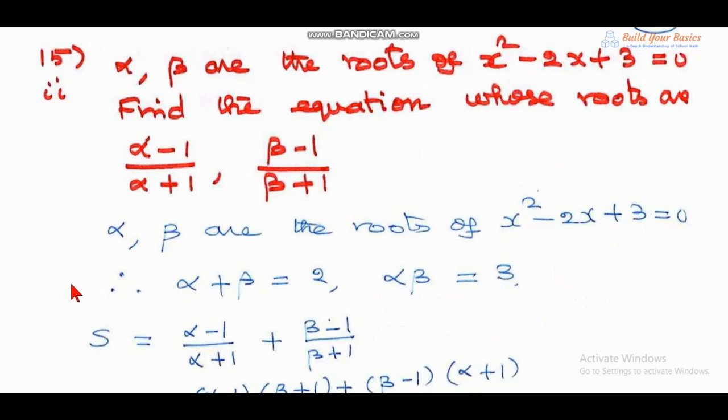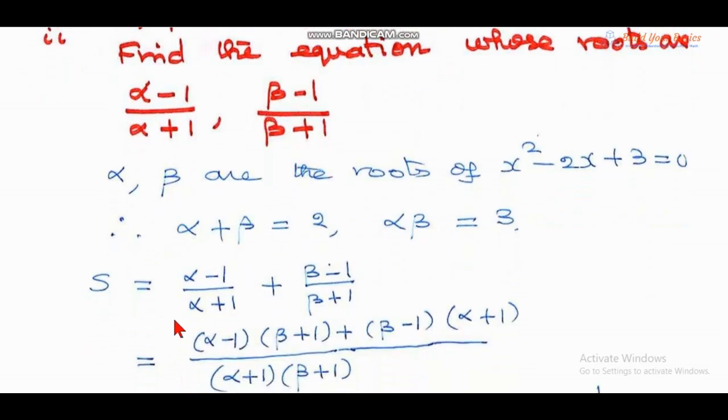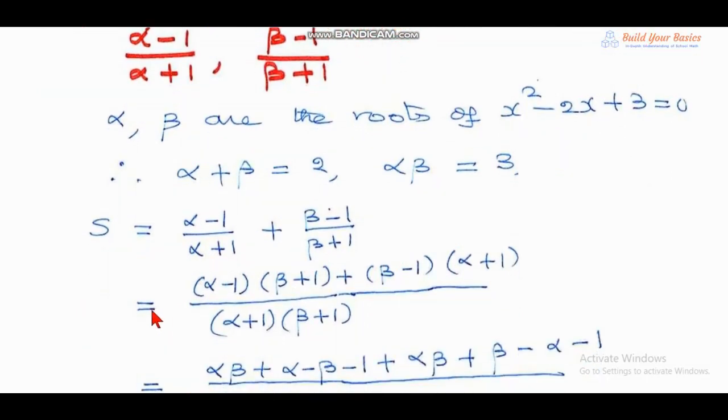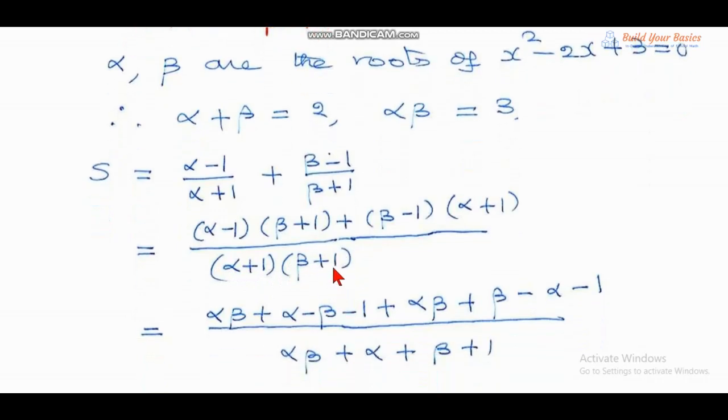What is the sum of the roots of the equation to be formed? S equal to alpha minus 1 upon alpha plus 1 plus beta minus 1 upon beta plus 1. Take LCM, alpha plus 1 into beta plus 1. Numerator: alpha minus 1 into beta plus 1 plus beta minus 1 into alpha plus 1, divided by alpha plus 1 into beta plus 1.